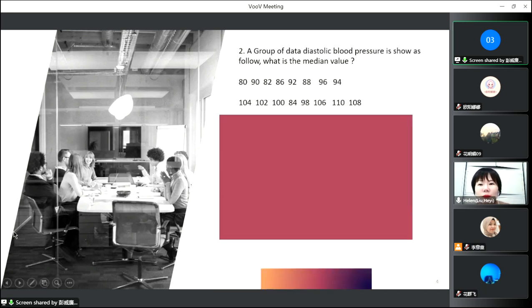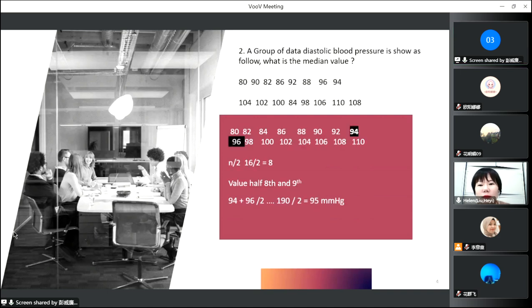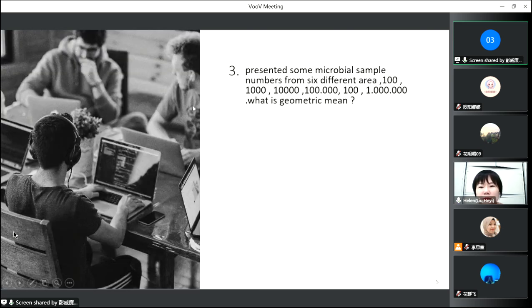The answer is: 16 divided by 2 equals the median value, x. 94 plus 96 divided by 2, so 190 divided by 2 equals 95 millimeter mercury. Yes. Very good.